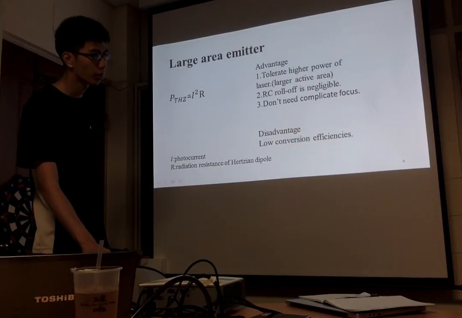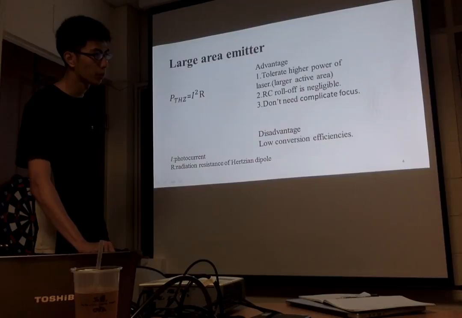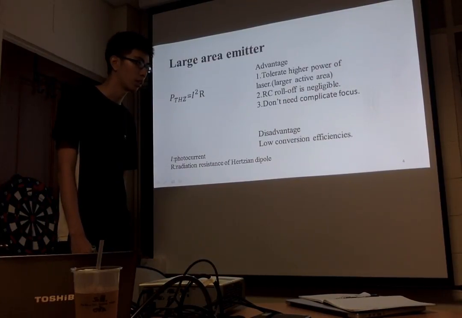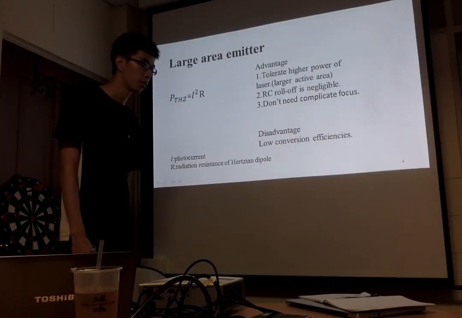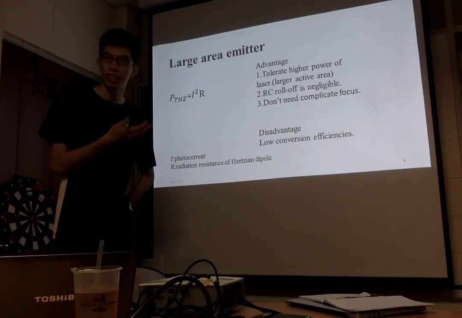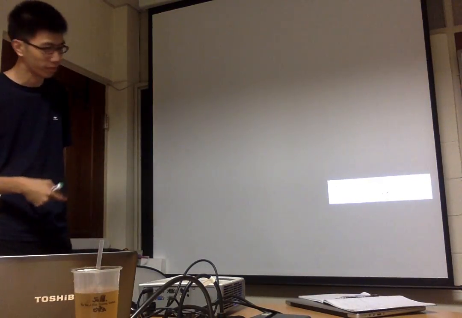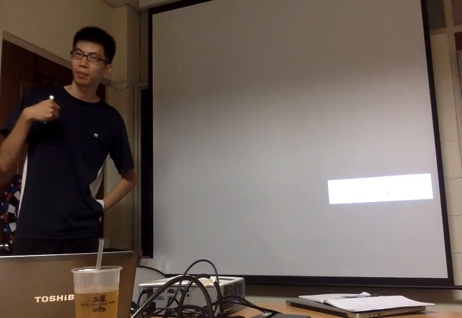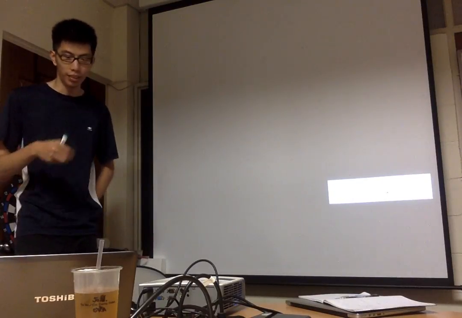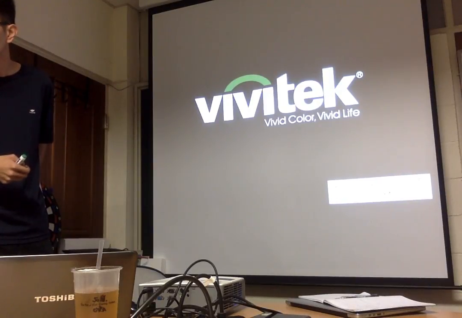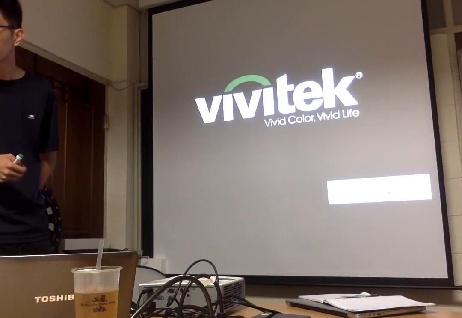They have large RC roll-off. So which kind of terahertz source has large RC roll-off? Antenna emitter. That depends on the antenna's capacitance or resistance.